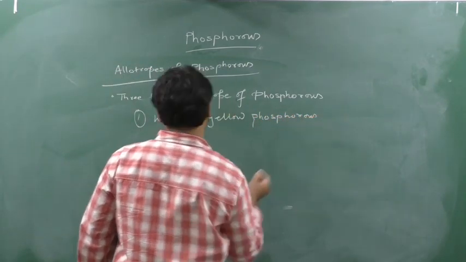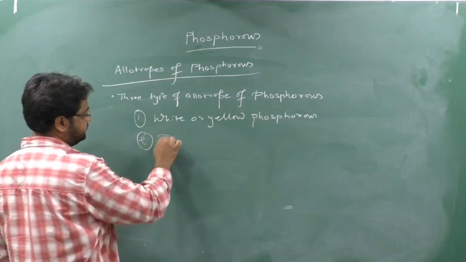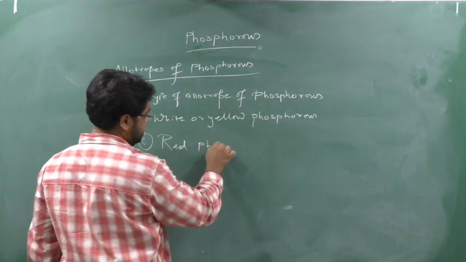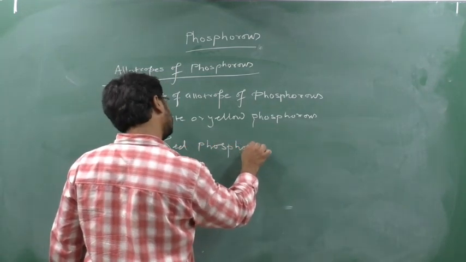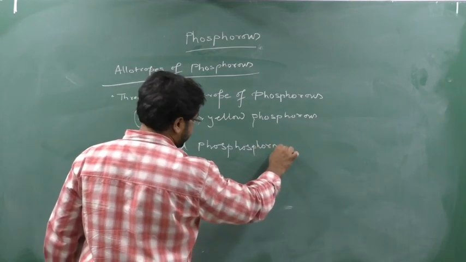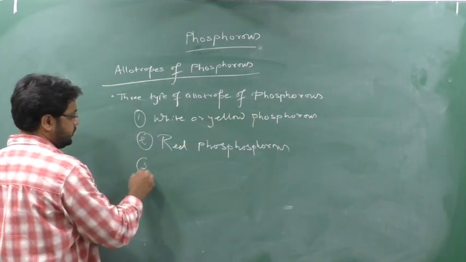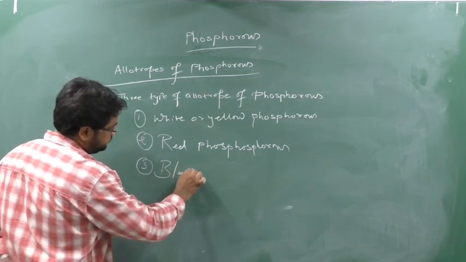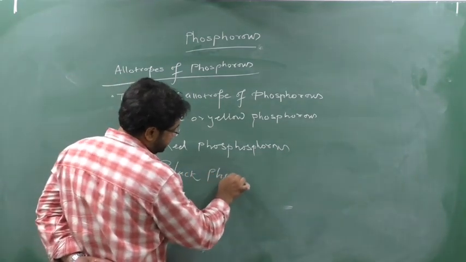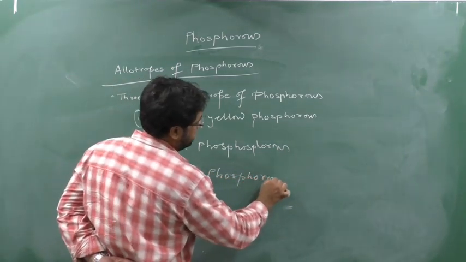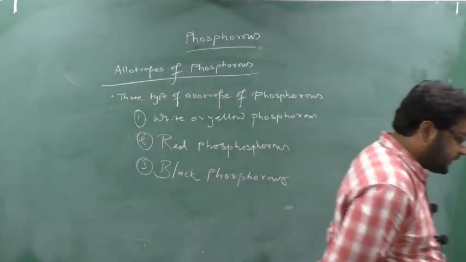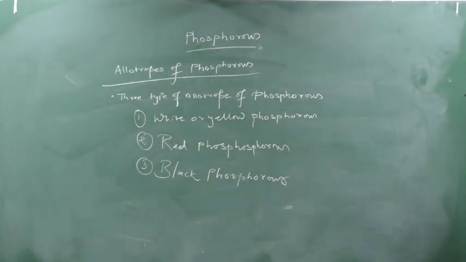Second, you can write down red phosphorus. And third, you can write down black phosphorus. So there are three allotropes of phosphorus: white phosphorus, or you can say yellow phosphorus. Why?